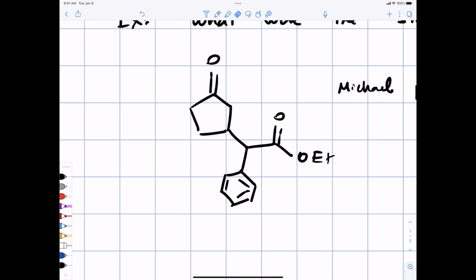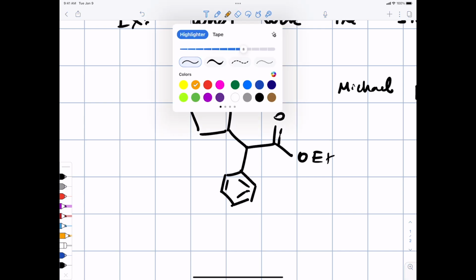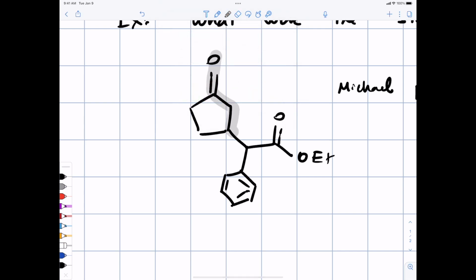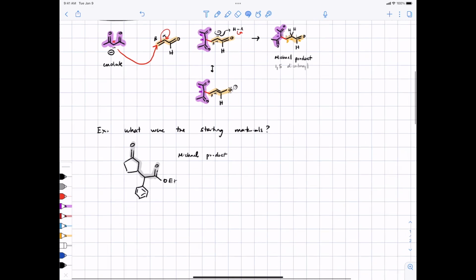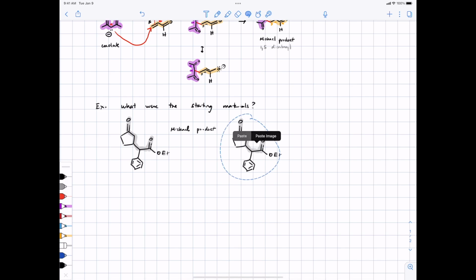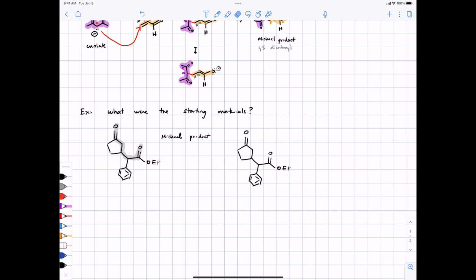Let's suppose, so we've identified our string of atoms, let me highlight it in gray, this 5-atom chain that ends in carbonyls. What we don't know is, if you look at our Michael product over there, whether it should be split in one of the following ways.